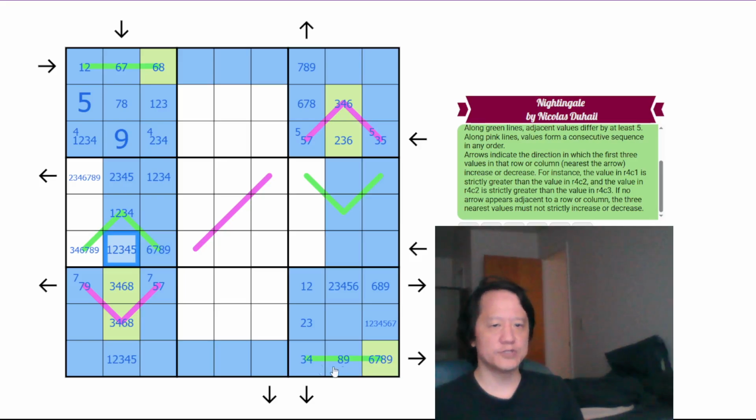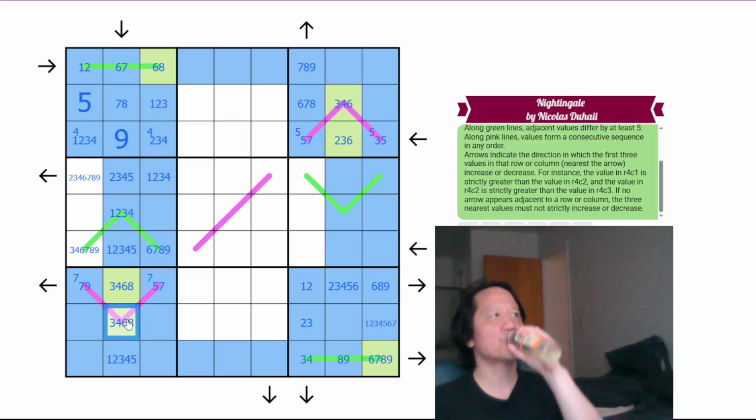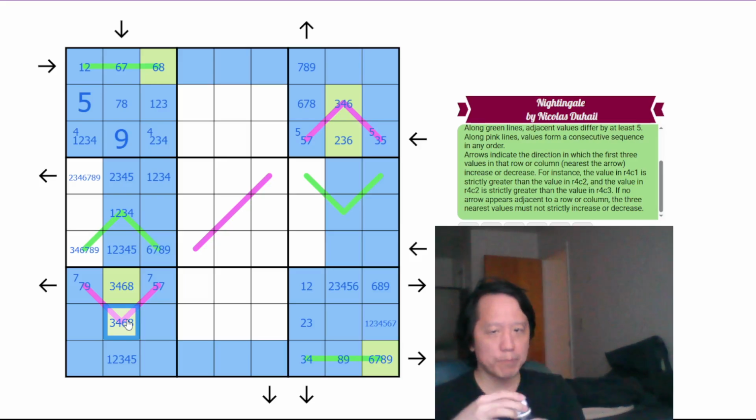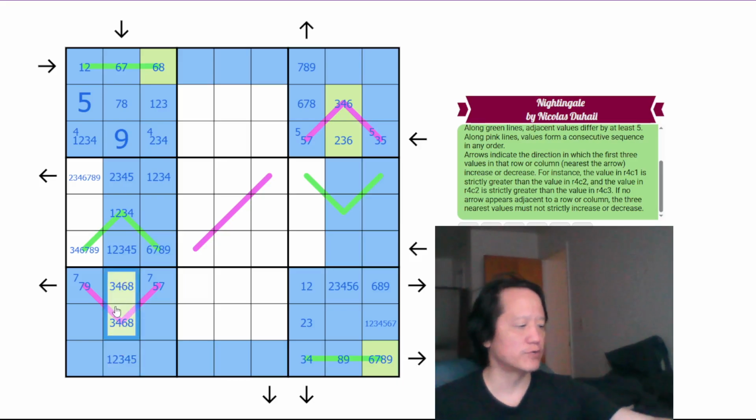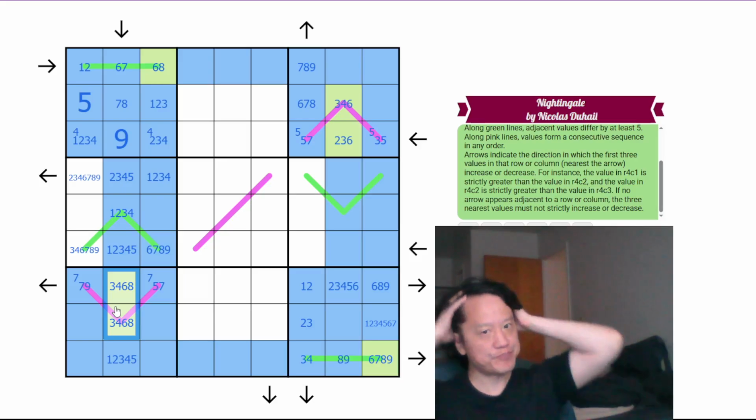This is either 6 or 8 in value. We don't know which. These are the same values, so it's not strictly increasing or decreasing there.